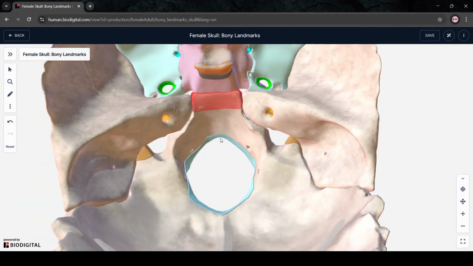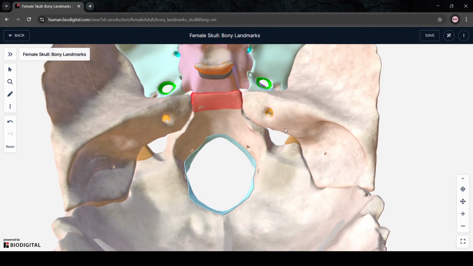So, if you want to start from the foramen magnum and talk about the foramina that are situated in the posterior cranial base, I'm just gonna name them all and then I will label them out. Foramen magnum, which is the largest over here, the jugular foramen, which is this one.